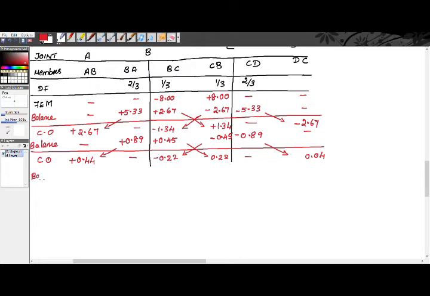Now we will go for balancing. So similarly, as we did in the previous steps, you can go for balancing. So we'll write the values. Here it is plus 0.15, plus 0.07, minus 0.07, minus 0.15.